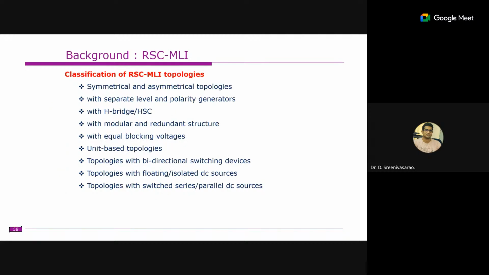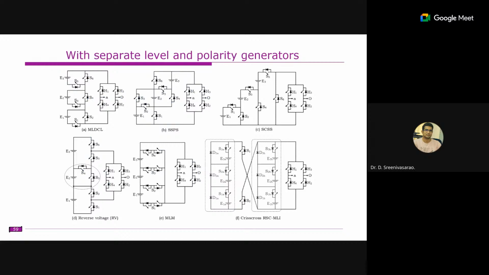Right. A lot of things are there. It is difficult to classify all these under one roof, but we can try to classify them into symmetrical and asymmetrical inverters, with separate level and polarity generators, or something like that. It is better. I will move forward, right?